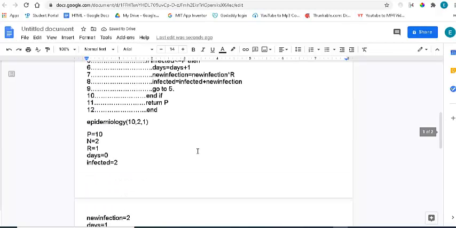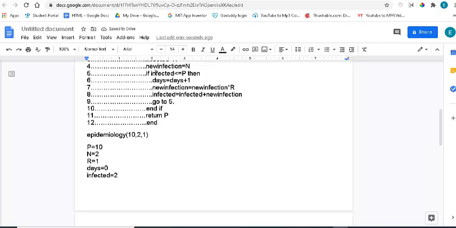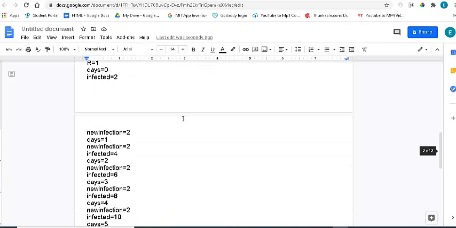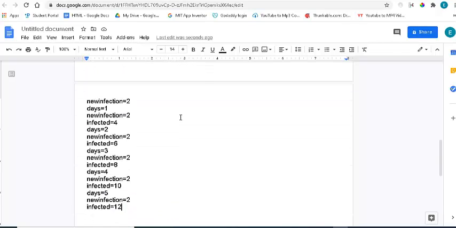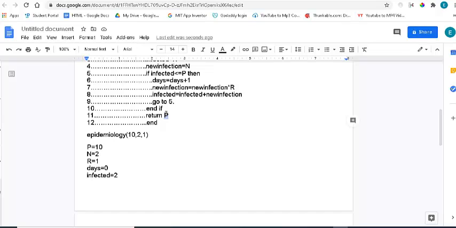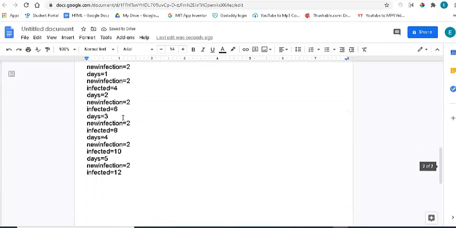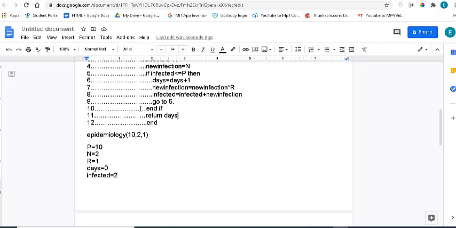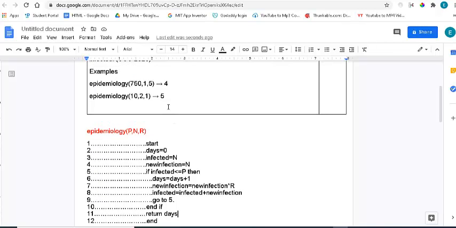Then it goes to the top of the loop and it says is 12 less than or equal to 10? No, it gets out and returns days, which is 5, which is exactly the same thing as the example here.